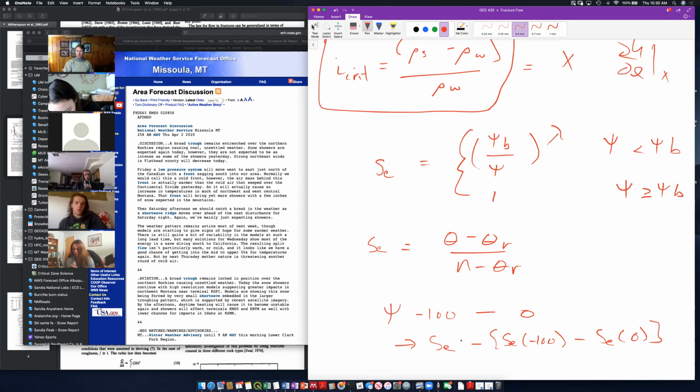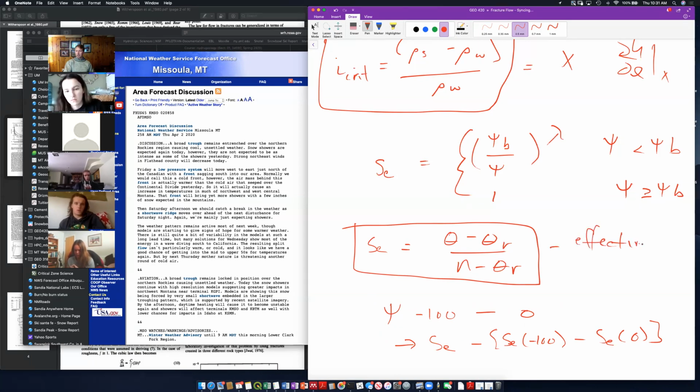And what is SE again? I forgot. It's effective saturation. It's your volumetric water content, just normalized by the full range that you would expect to see, so fully saturated to residual saturation.